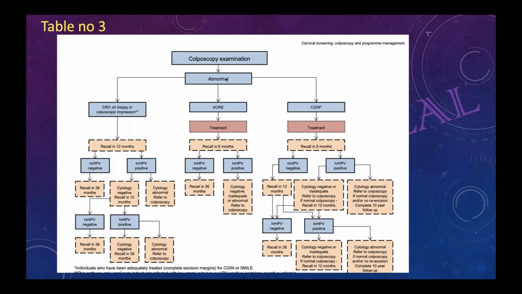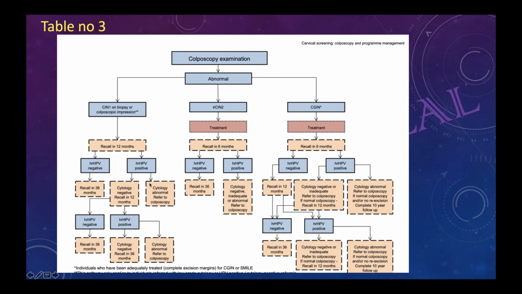Okay, something is wrong, so I have to do something. What wrong thing can be there? Either it can be CIN1, or on colposcopy impression I see acetowhite, and I have a suspicion that it is a low grade lesion. Or, second type, I can get a high grade lesion. High grade will be CIN2 and CIN3 only, or there could be a problem with the glands.